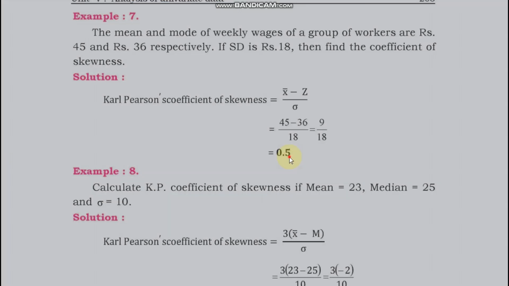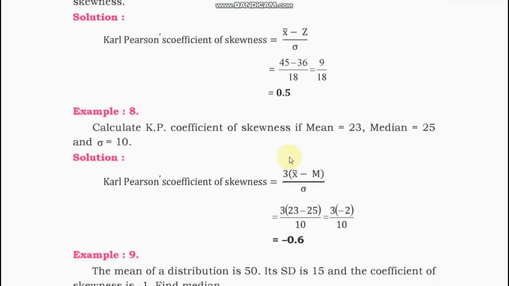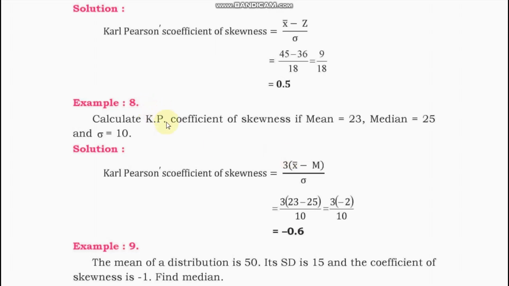Similarly, another problem here. Calculate Karl Pearson's coefficient of skewness if mean is equal to 23, median is equal to 25, and sigma is equal to 10. So here we have the median value.